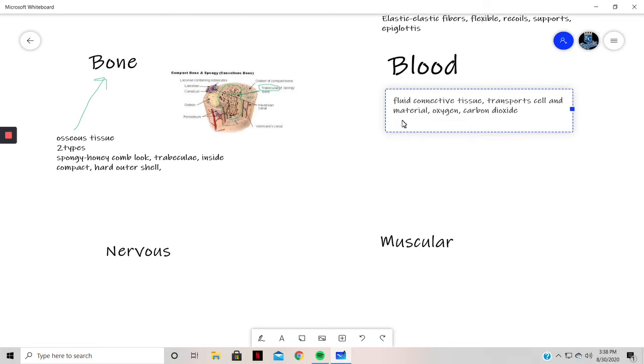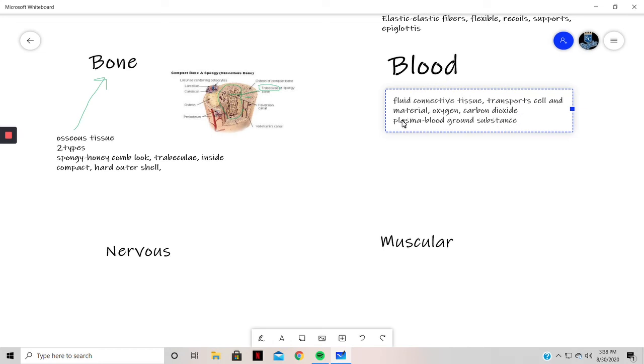Alright, some of the components, I should say. Things that make up blood: plasma. And of course plasma you're very familiar with, and the things it does. Ground substance.